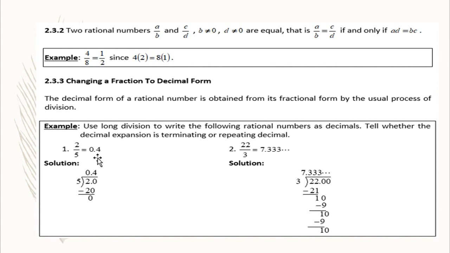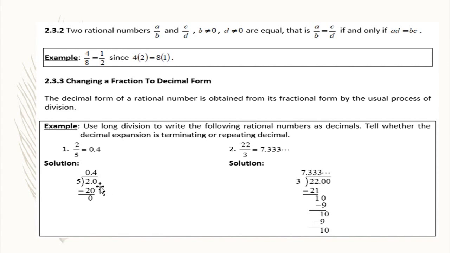That is how we arrive at 2/5 being 0.4. We take the numerator 2 divided by the denominator 5, as we learned in elementary. The 2 cannot be divided by 5, so let us put 0 there. Then let us have 0 attached to the 2, so 2.0.